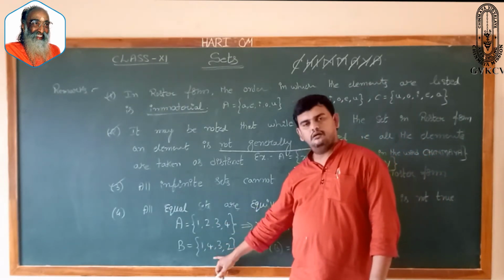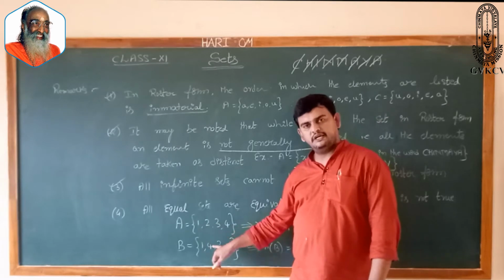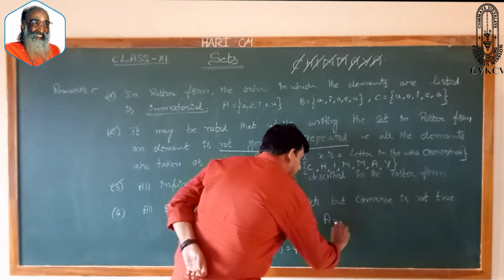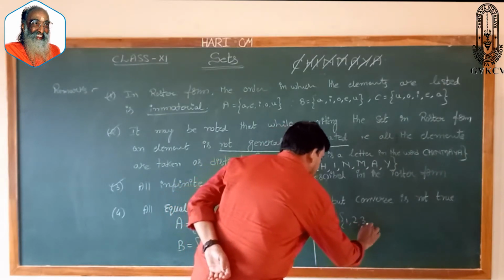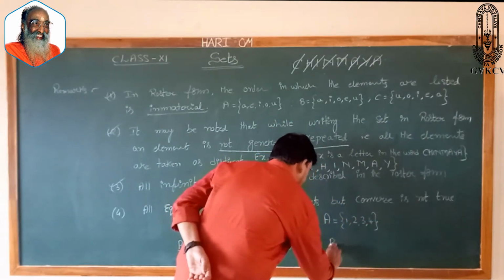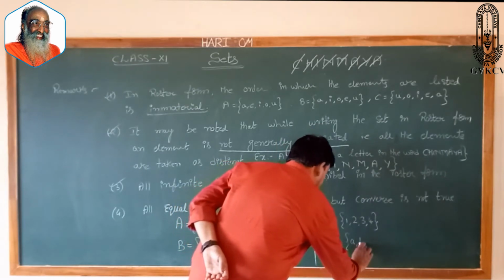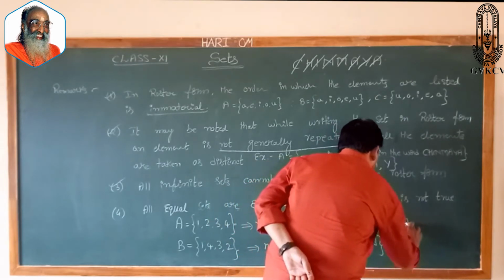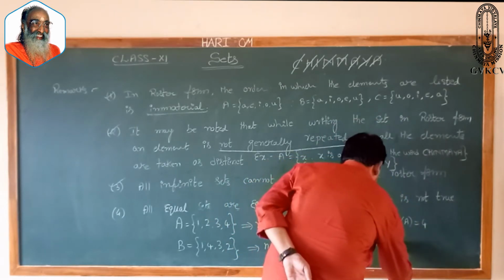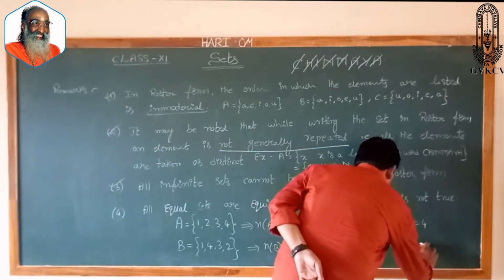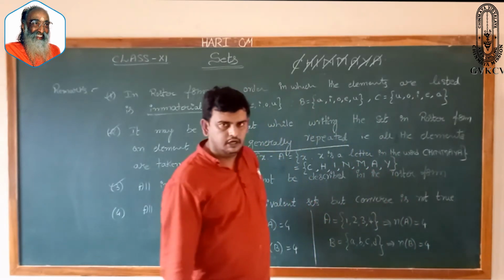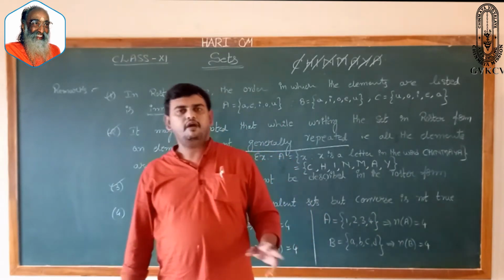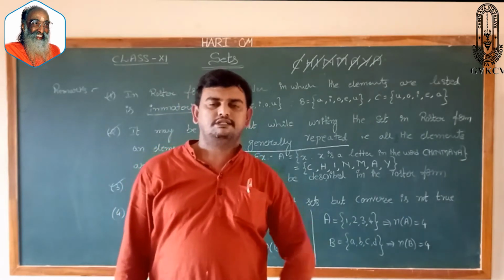Here A and B, I can say they are equal sets, and also I can say they are equivalent sets. Whereas here, A is equal to 1, 2, 3, 4 and B is equal to A, B, C, D. The number of elements in A is 4, and the number of elements in B is also 4. Both sets have the same number of elements, so they are called equivalent sets.